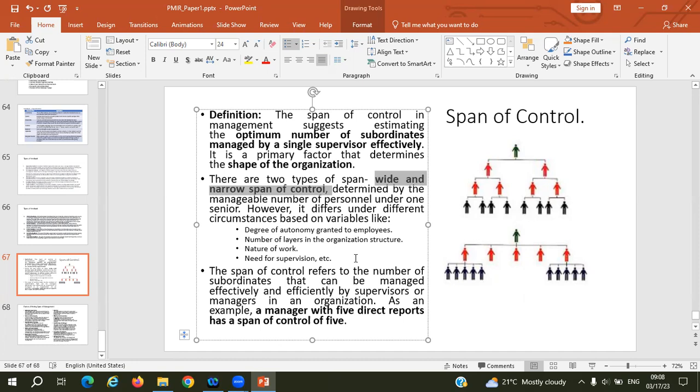Suppose an organization is having a span of control, which means the number of subordinates working under one manager, one person.